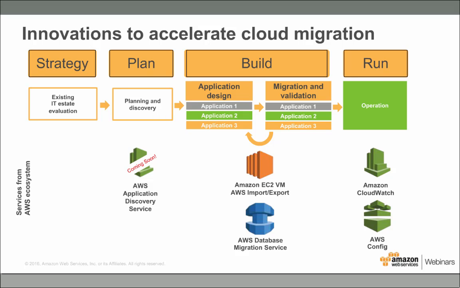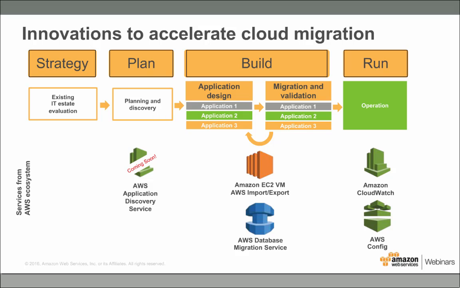So the Database Migration Service allows you to do schema conversion during migration. You can convert an on-prem MySQL into an Aurora using the tool without changing any of your applications because it's MySQL compliant, 100%.